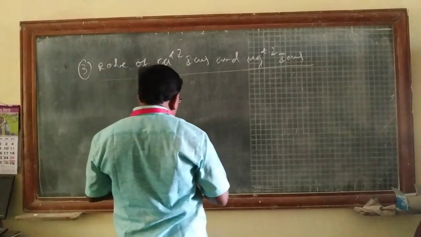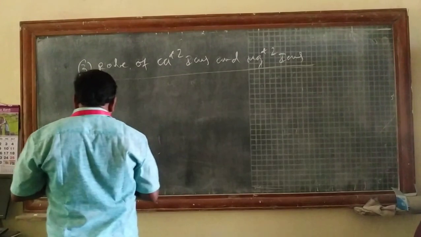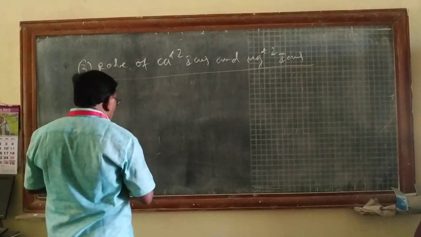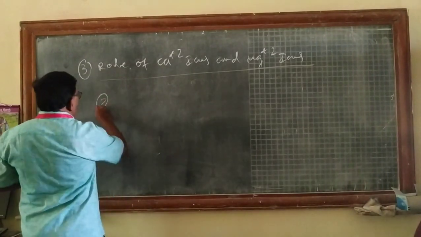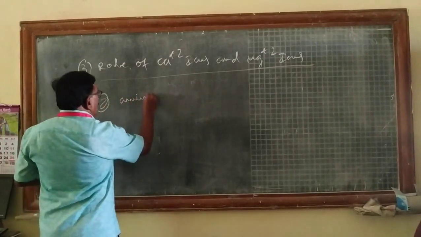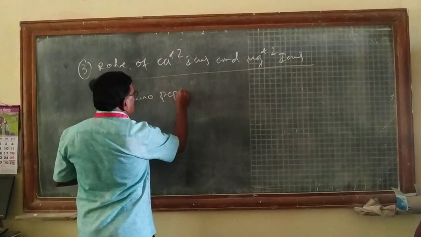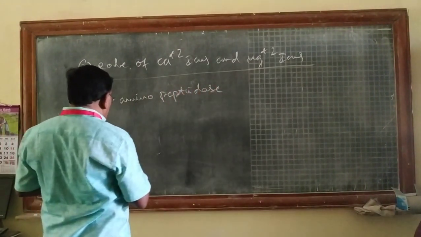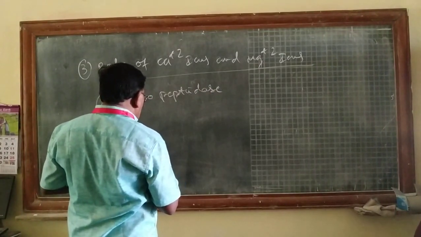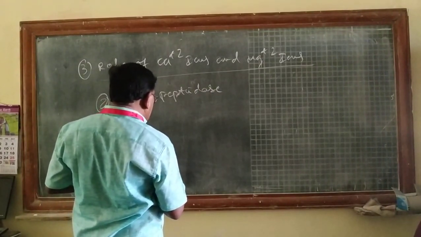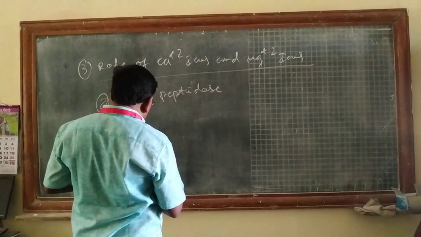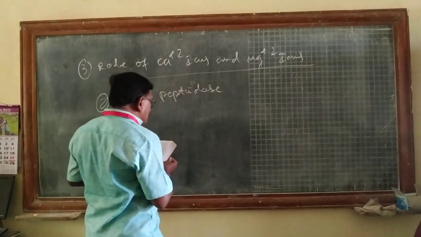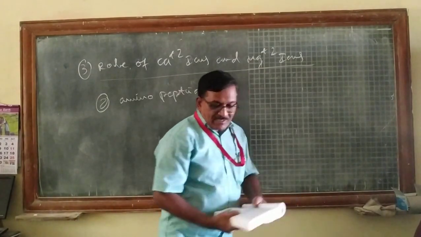The third one: magnesium ions are present in the enzyme aminopeptidase, which hydrolyzes polypeptides from the free amino acid end of the chain to form lower peptides and sometimes free amino acids.